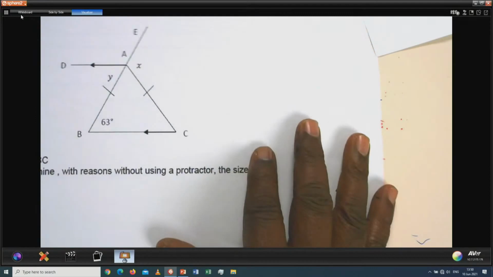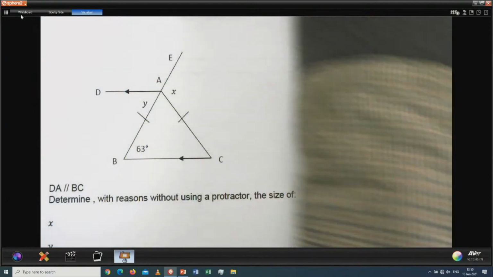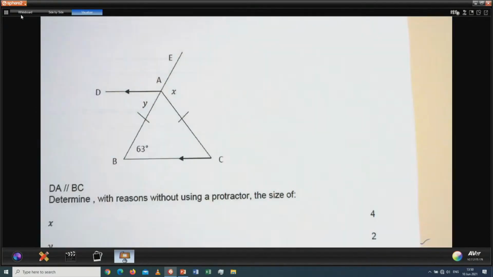Right. What do you have here? What are you given? I see a triangle. And what kind of a triangle? Isosceles. And if that is isosceles, this angle on the legs is equal to this one.